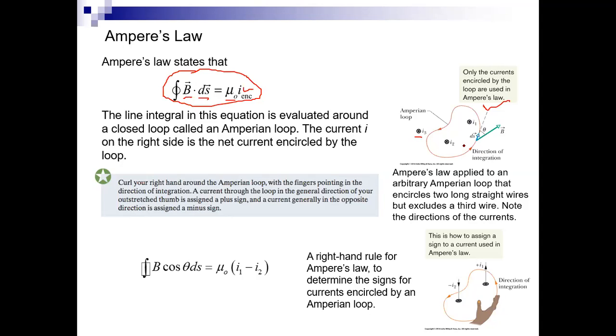So how much net current is possible? It may be that these currents are not equal in magnitude, so there will be some net current. And if they are equal in magnitude, the net current is 0. In that case, there will be no magnetic field inside that loop. So we will simply apply the right-hand rule to determine the sign for current encircled by an Amperian loop.